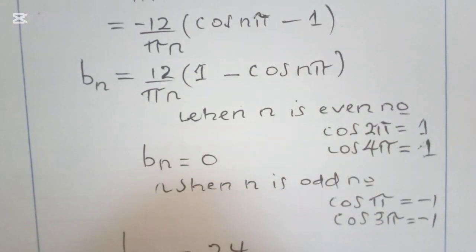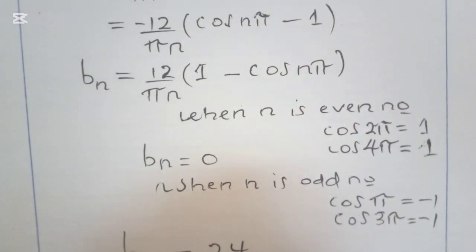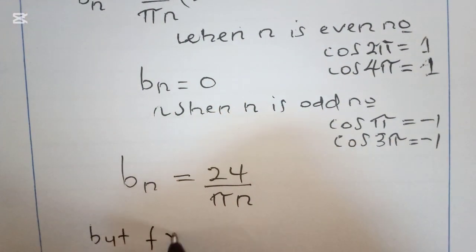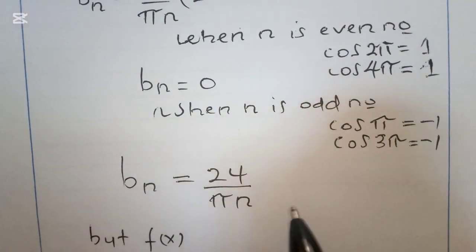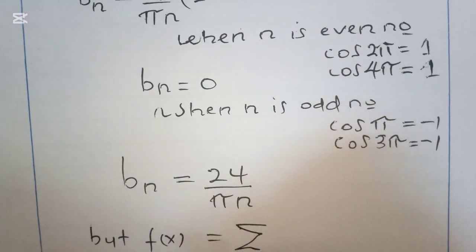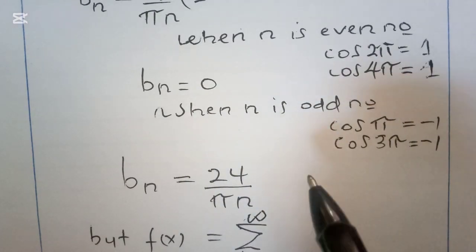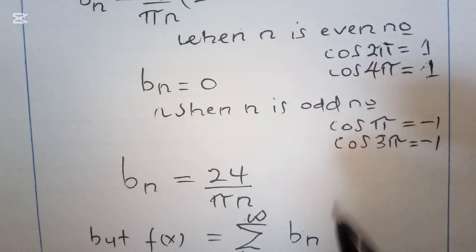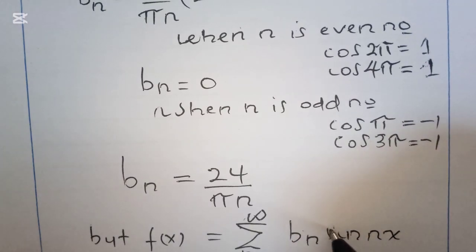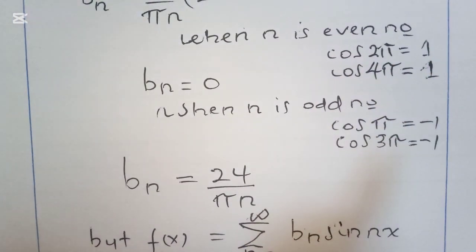But f(x) is equal to the summation n equals 1 to infinity of Bn sine nx, like that.